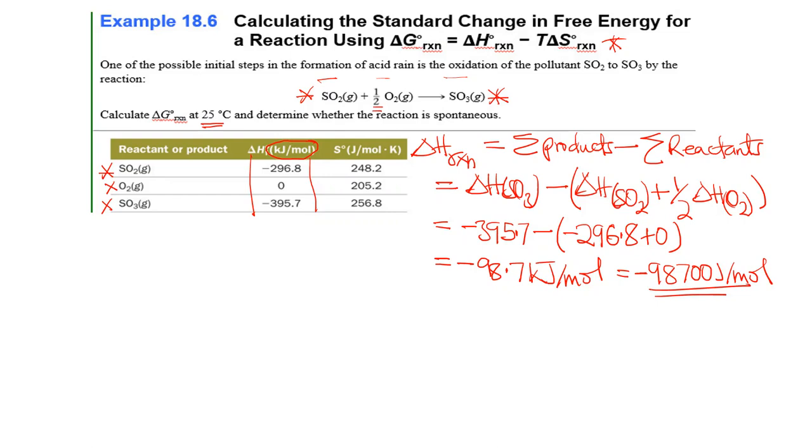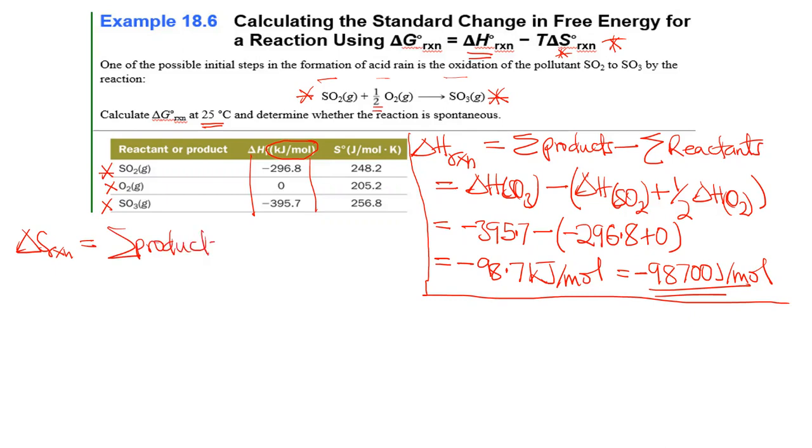Now, the second part. At this point, you have found this part. Now you need to find this part, delta S. I'll keep this one to avoid confusion, this side. I will say that delta S of reaction is also given by the delta S products minus the delta S reactants.